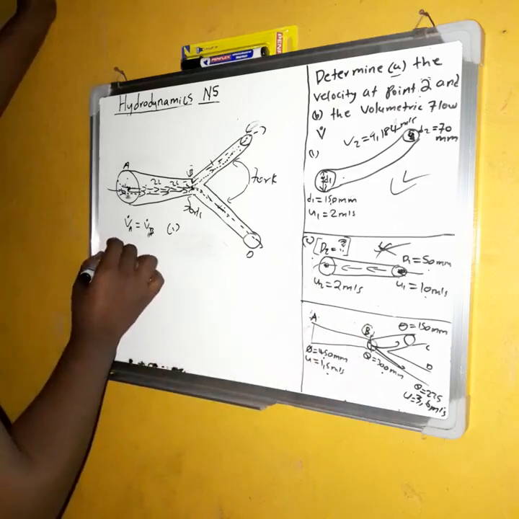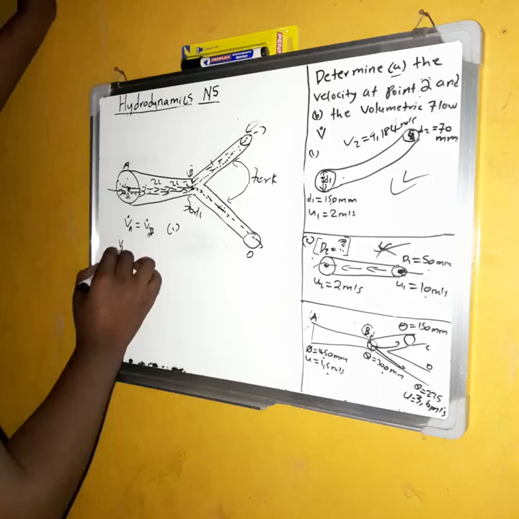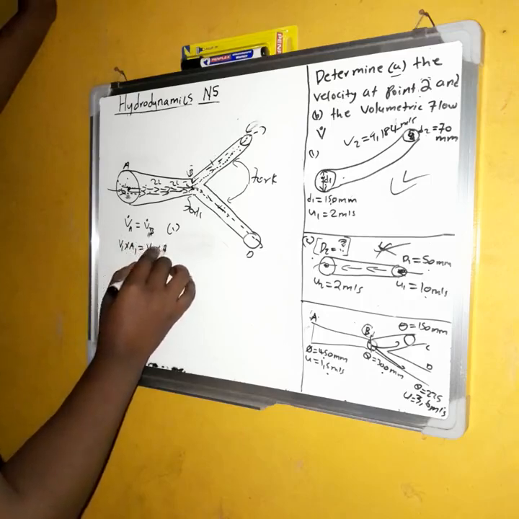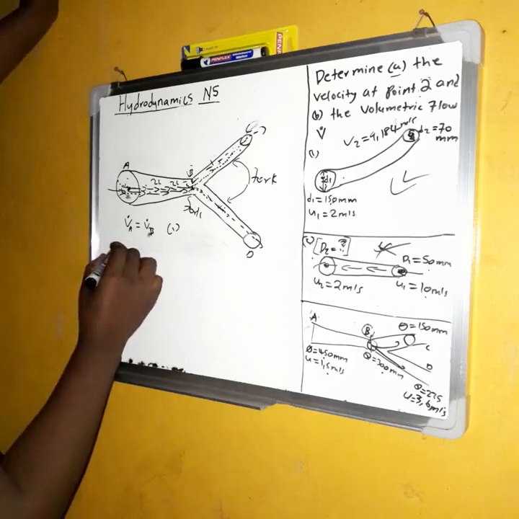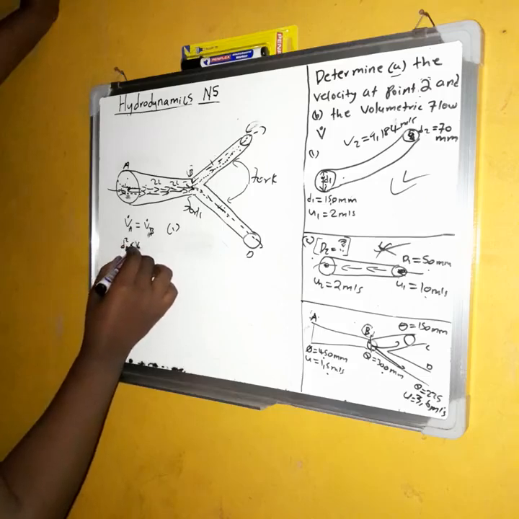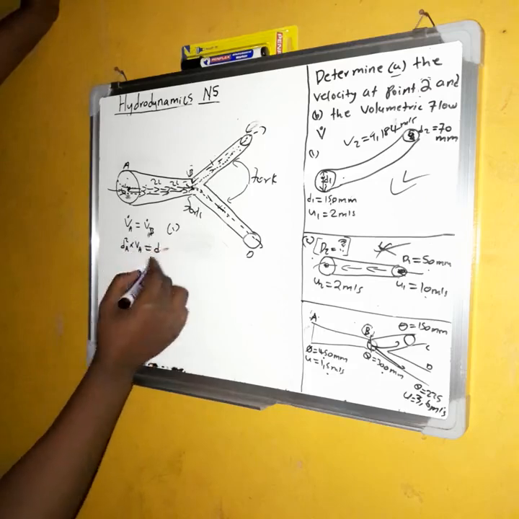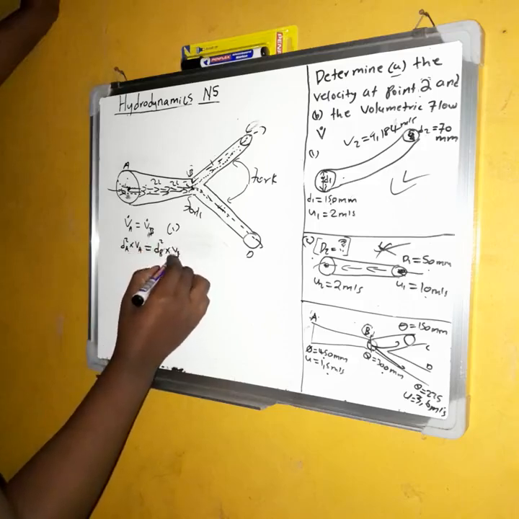We know this will be velocity 1 multiplied by area 1 must be equal to velocity 2 multiplied by area 2. So dA squared multiplied by velocity at A must equal the diameter at B squared multiplied by velocity at B.